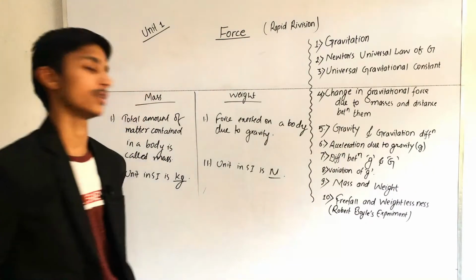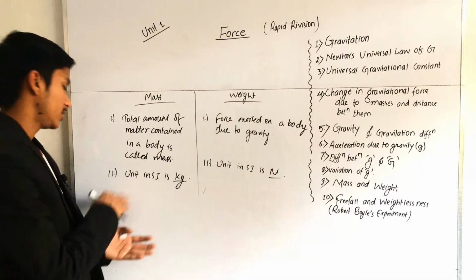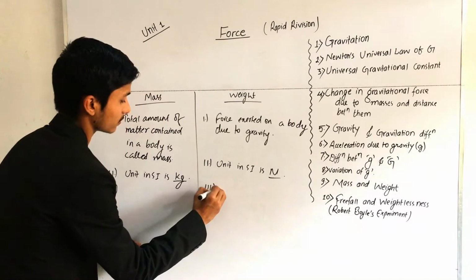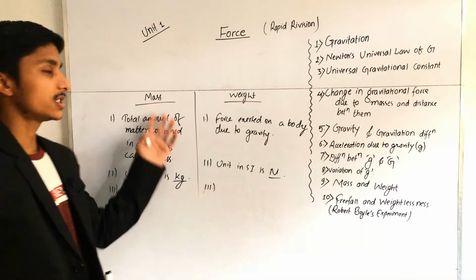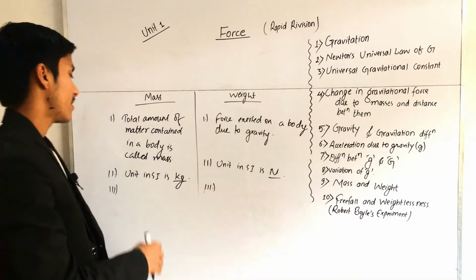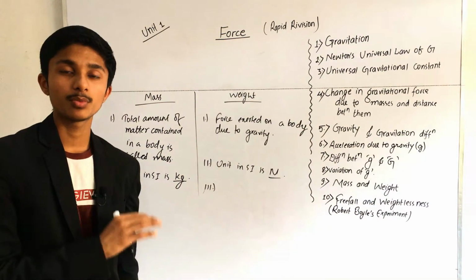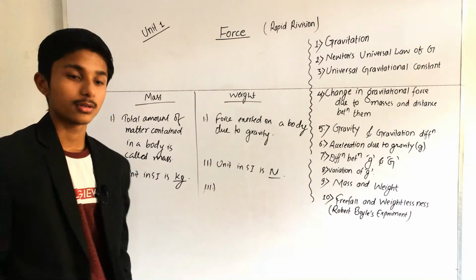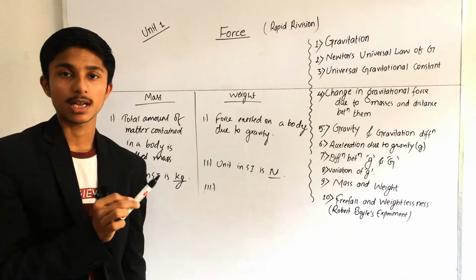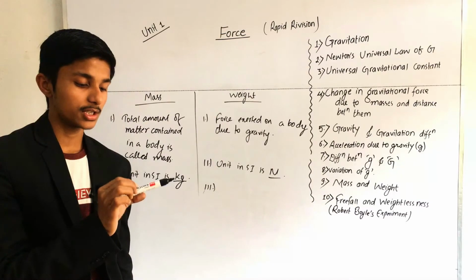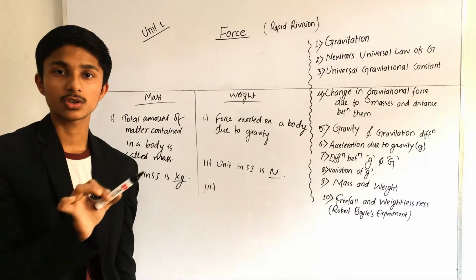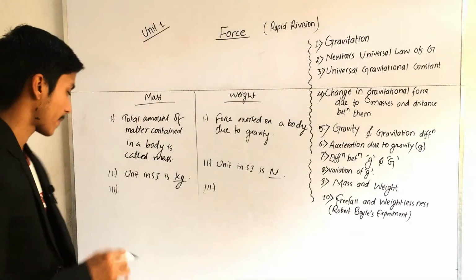This is symbol of Newton. And in third point we write here mass is constant. It is a constant quantity. It means mass does not get changed with place to place. Suppose mass of this marker is 10 gram. Then when we take this marker to the moon, then its mass remains constant, that is 10 gram.